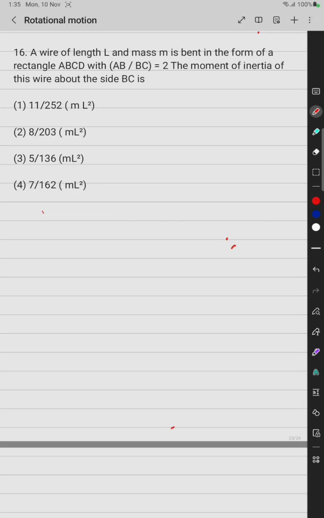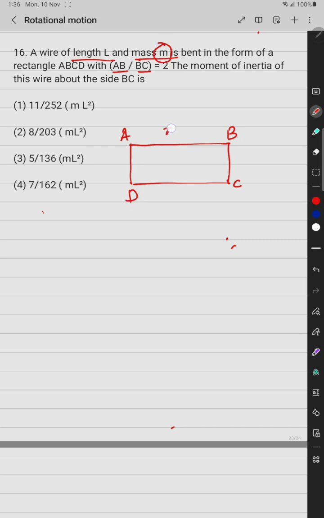Given a wire of length L and mass m. It is bent in the shape of a rectangle, and the sides of the rectangle AB to BC is 2. Suppose this is AB and that is BC. Then this is rectangle ABCD and again A, the total mass is m.